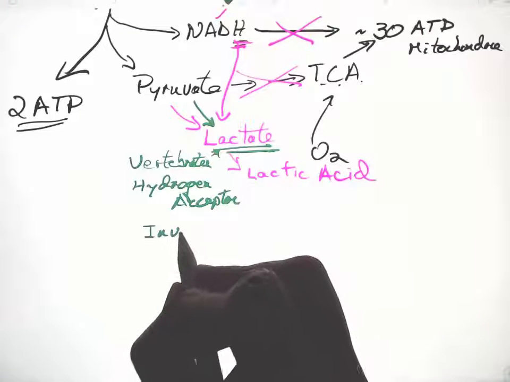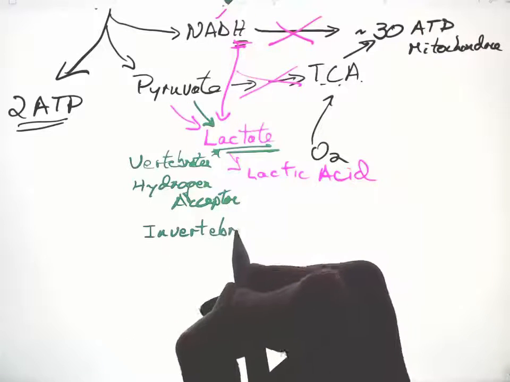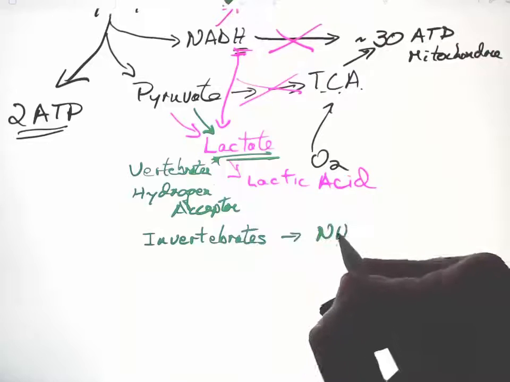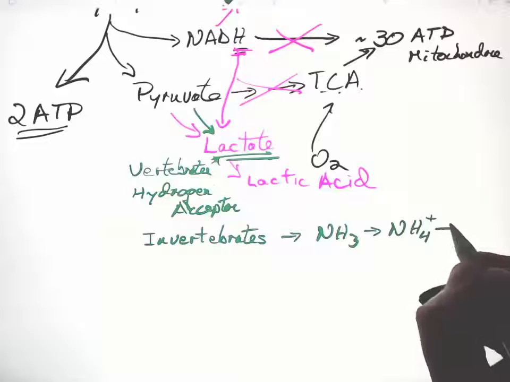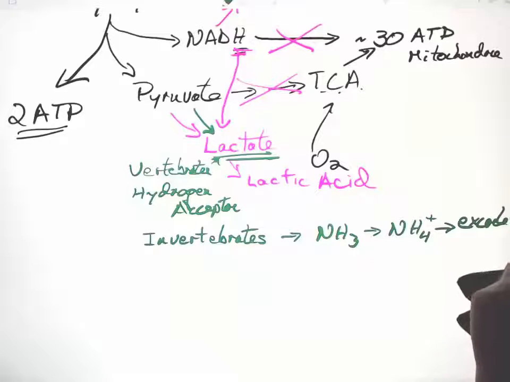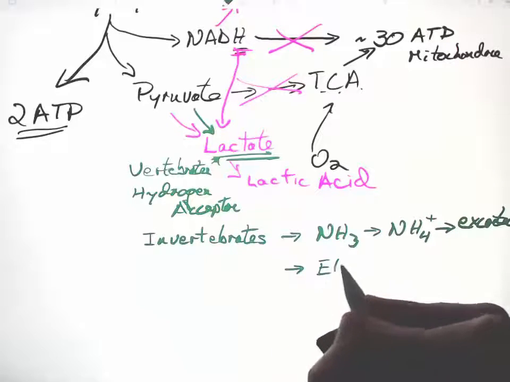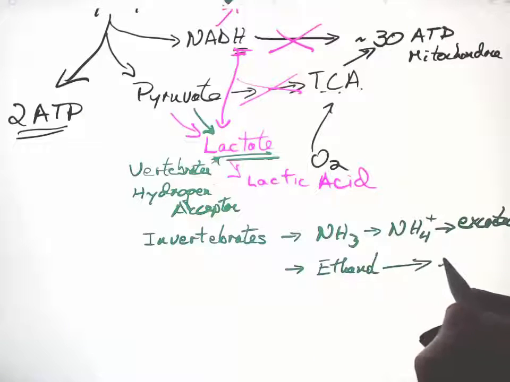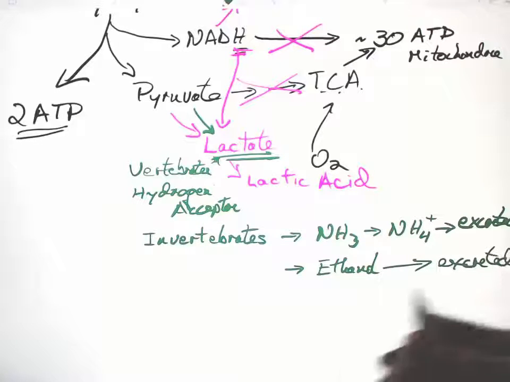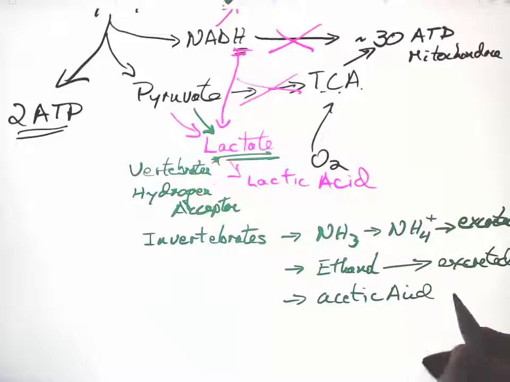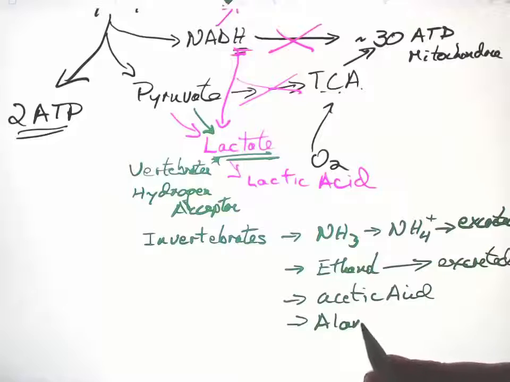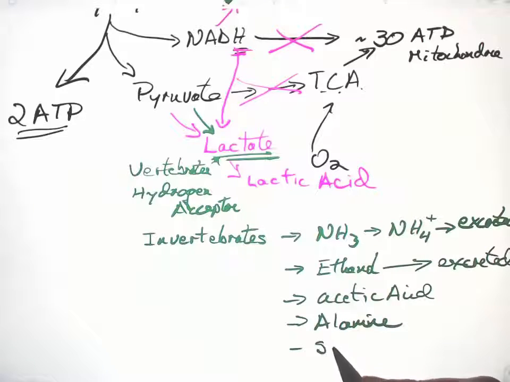In invertebrates, the hydrogen acceptor can be ammonia, NH3 to NH4, which can be excreted, ethanol, which can be excreted, acetic acid, which can be excreted or metabolized, amino acids such as alanine, and other compounds such as succinate or even lipids.